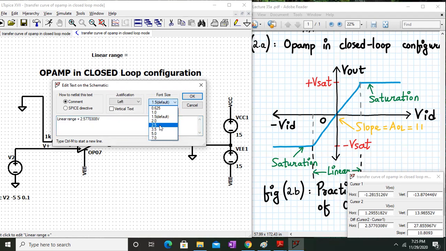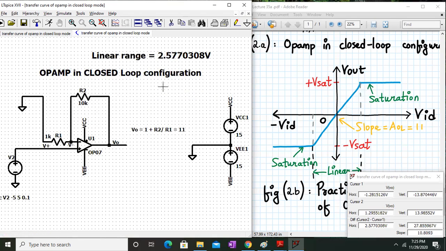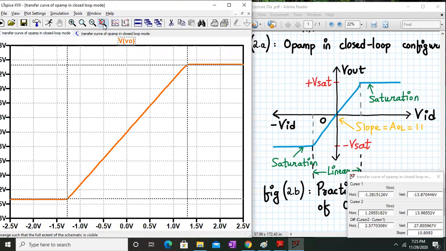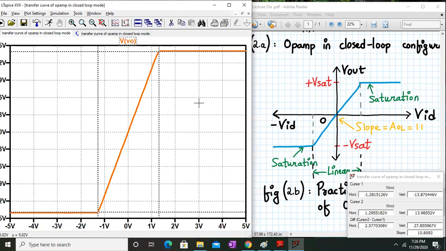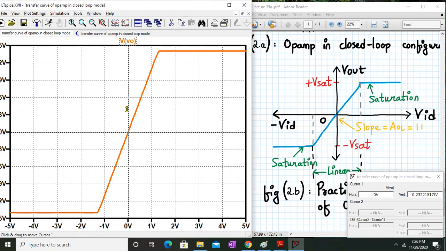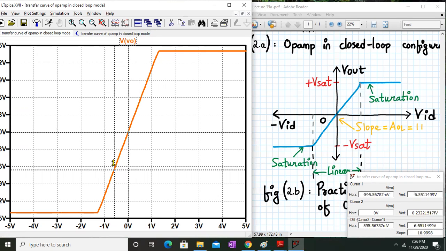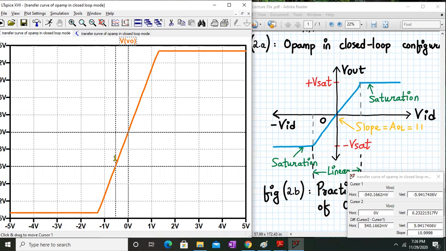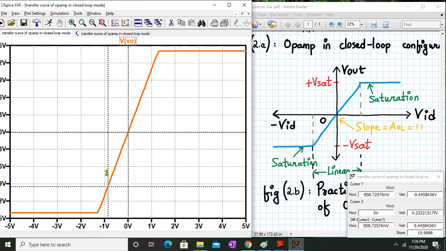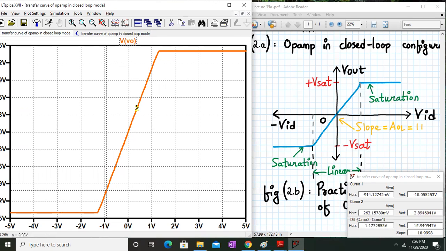Okay. Now next, let's check the slope of this. The slope of this should give us 11, right? So let's test that out. Okay. So we take one value over here and another value we have to take it somewhere else. Let's say we take it over here. Okay. So now let us take a bigger range.